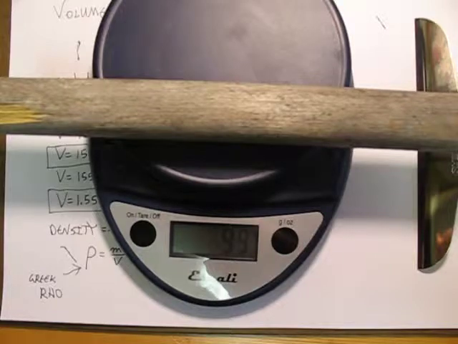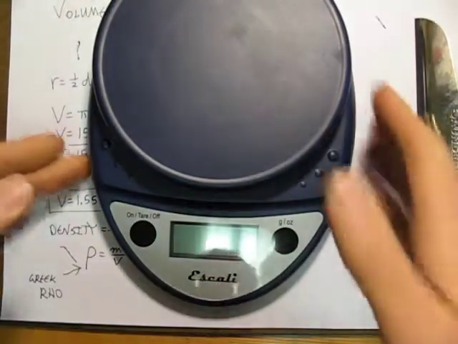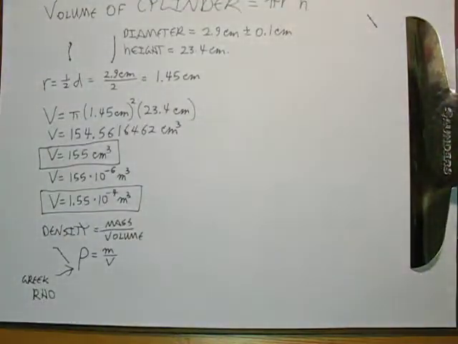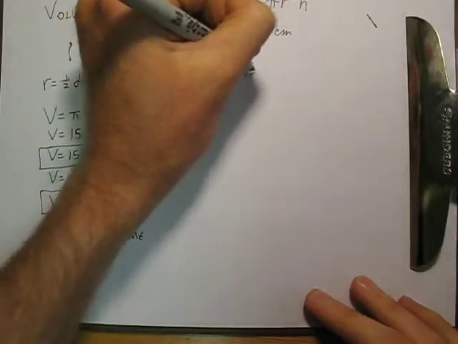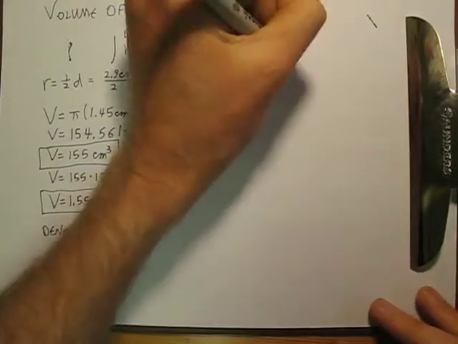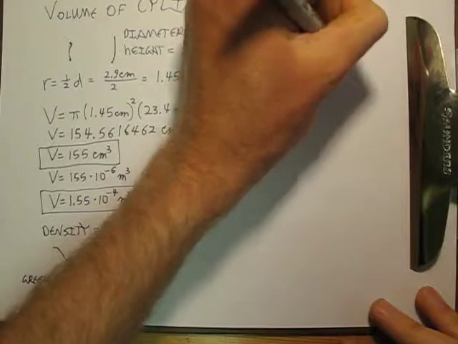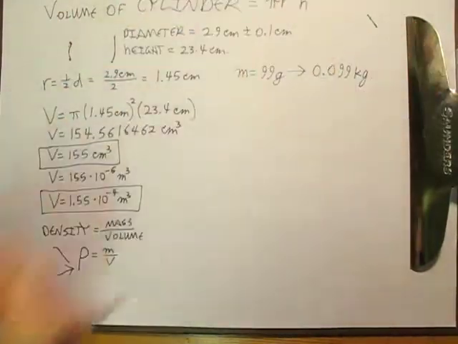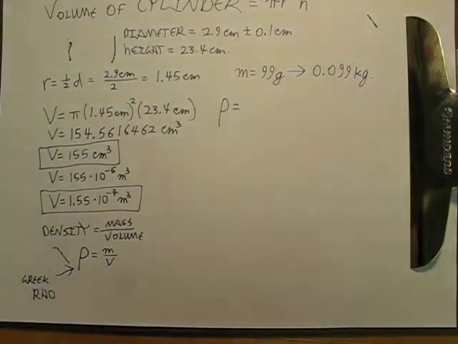Okay, so it says 99 grams. Okay, so I'm going to express 2 things. I'm going to say up here my mass is 99 grams, or it's going to be 0.099 kilograms.